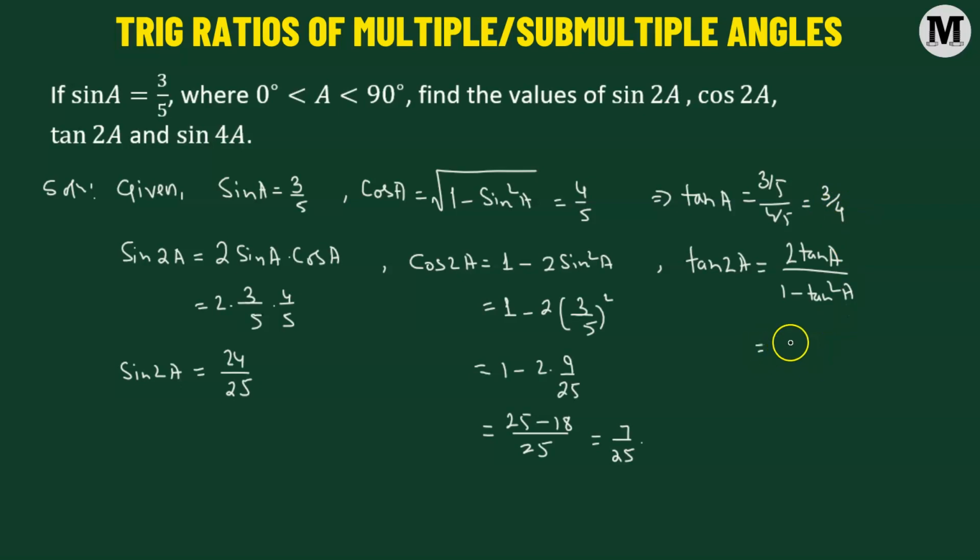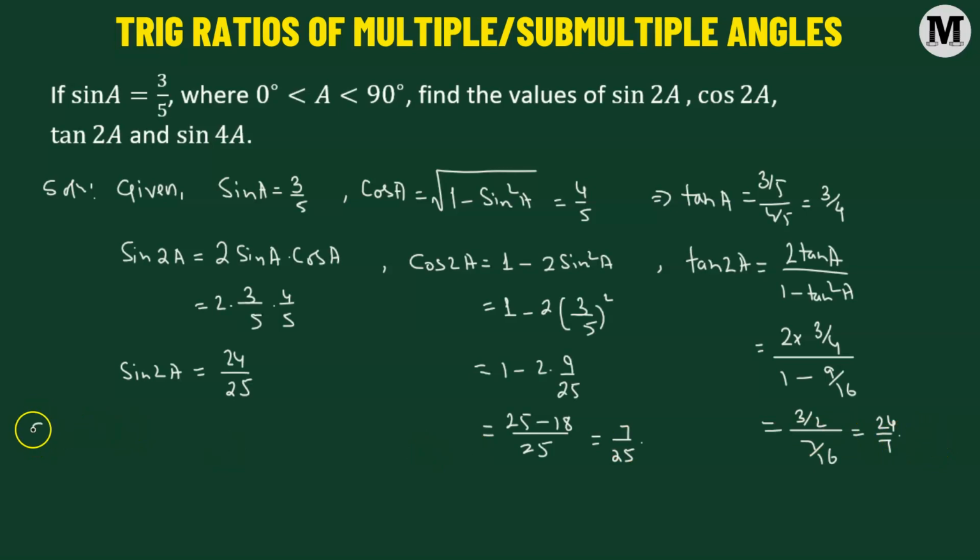So we'll substitute these values, so we have 2 times 3/4 divided by 1 minus 3/4 whole square, so that's 9/16. That's going to give us 3/2 divided by, so 16 minus 9, that's going to be 7/16, which is going to give us the value 24/7. So that's the value of tangent 2A.